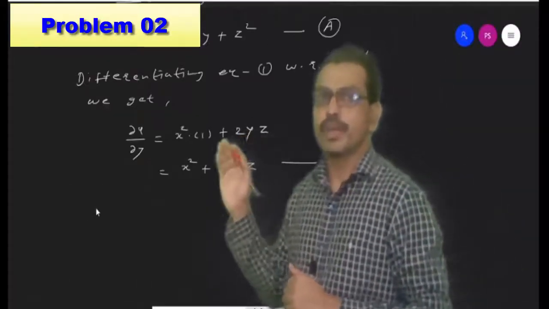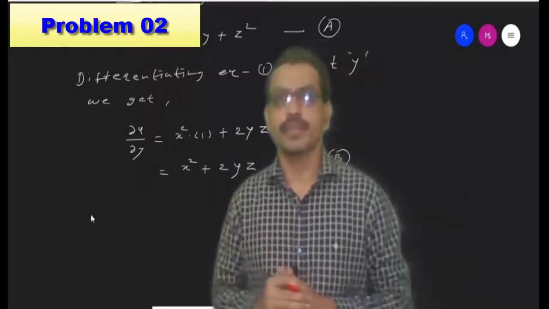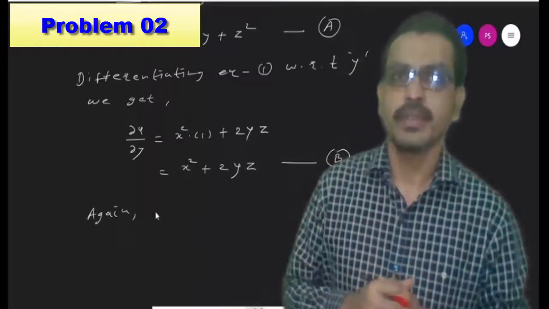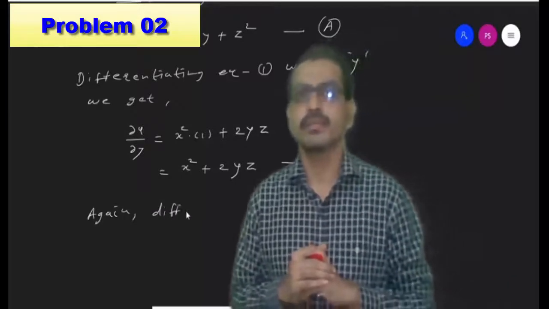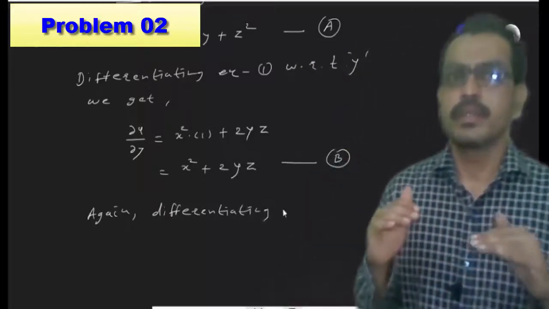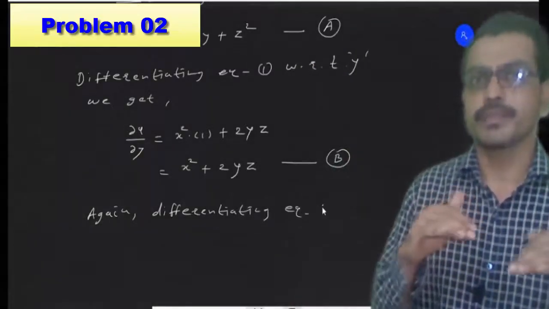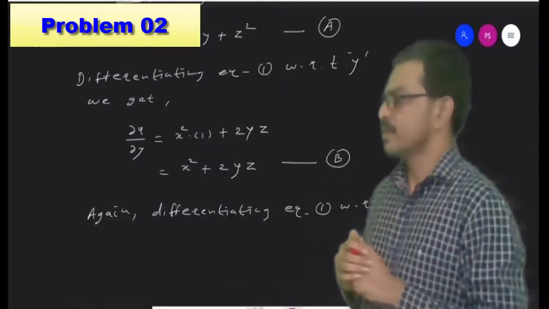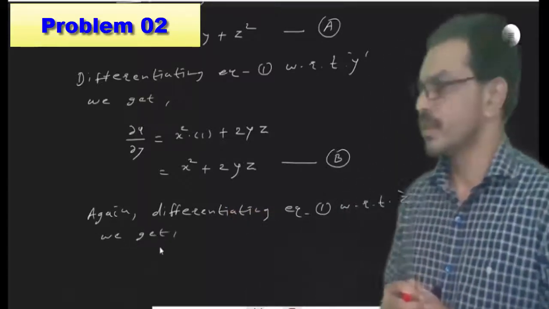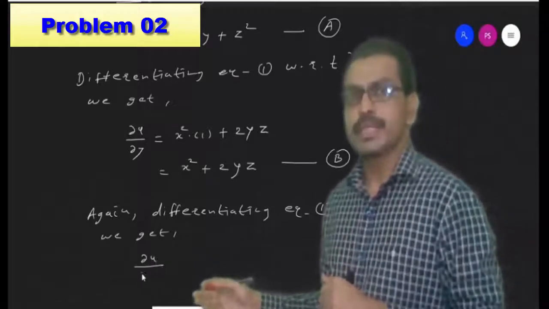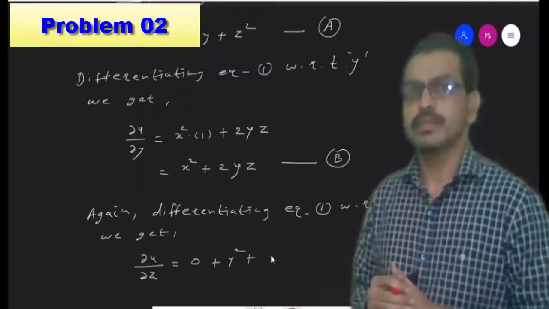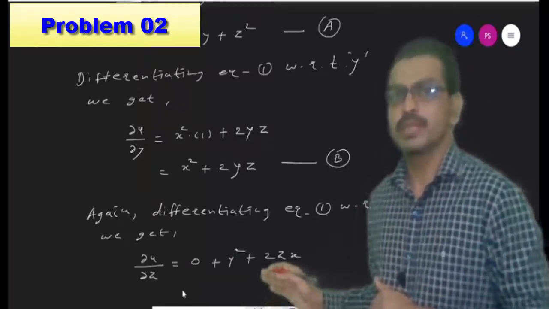Differentiating equation 1 partially with respect to z, treating x and y as constants. Therefore, ∂u/∂z is equal to first derivative 0, treating x and y as constants, plus y² + 2zx.